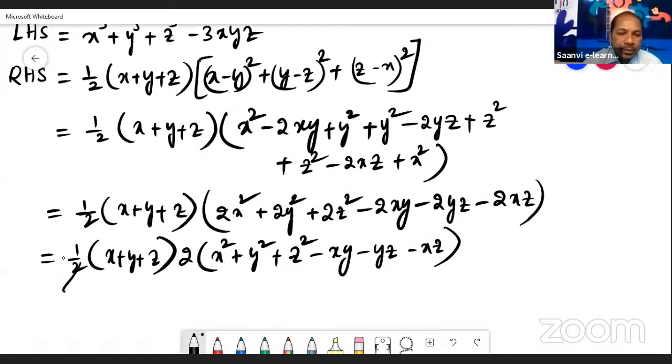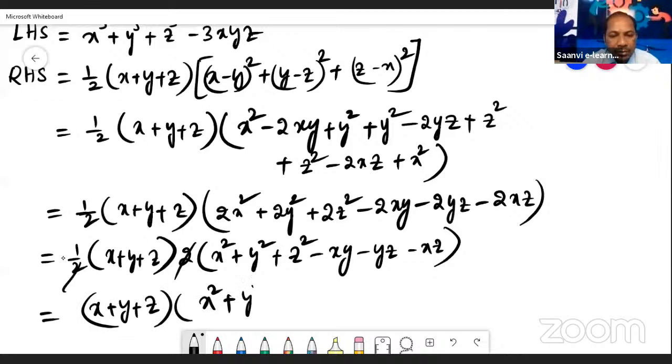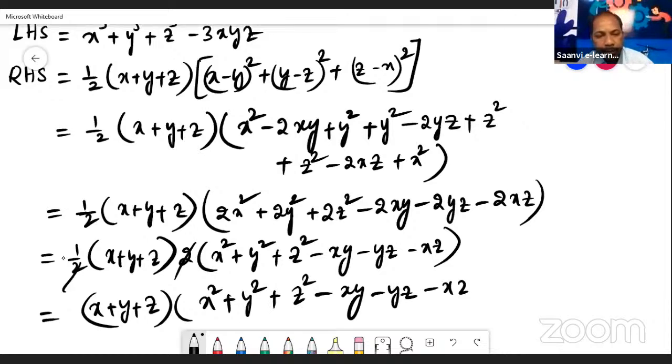Okay, and here the 2s get cancelled, right? So what we get at last? (x plus y plus z) into (x square plus y square plus z square minus xy minus yz minus xz) we get.